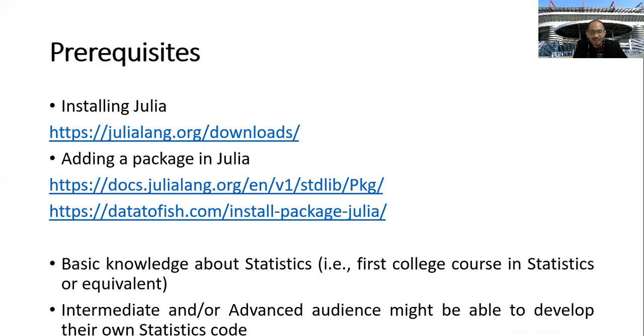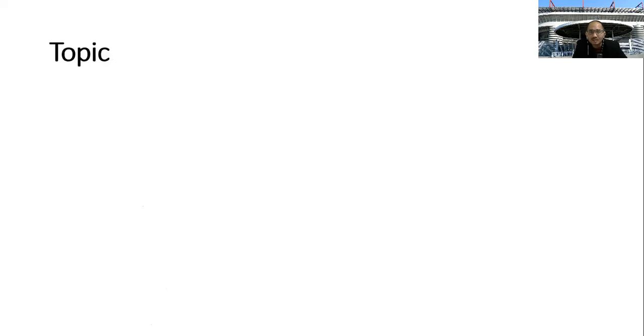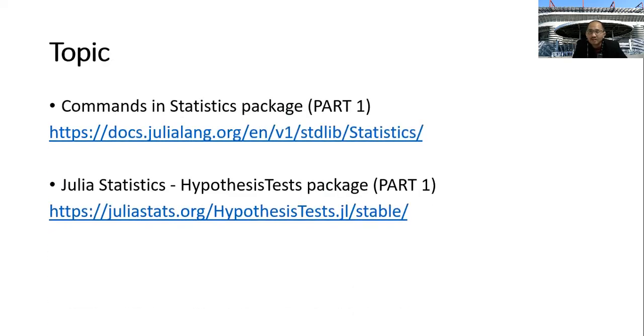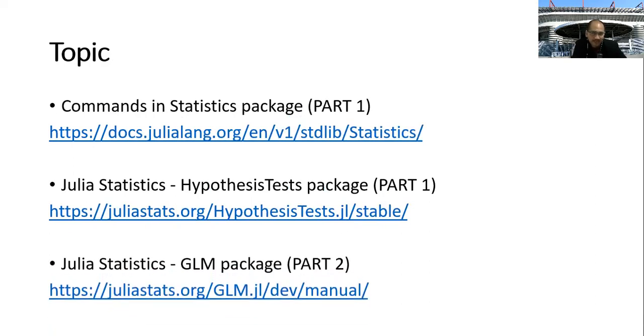This is a best feature, that we can customize, similar to R. But later on, I will give you a clear demonstration of why Julia outperforms R, especially in terms of speed. Today I would like to cover the commands in the Statistics package and JuliaStats, hypothesis tests, and GLM.